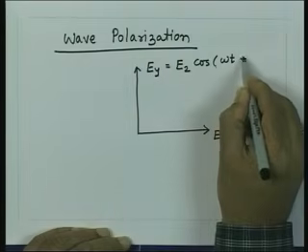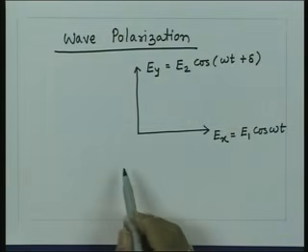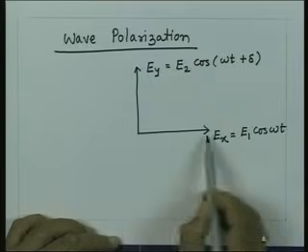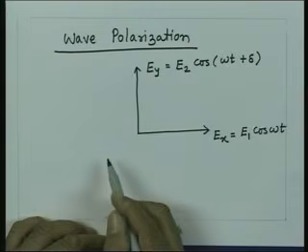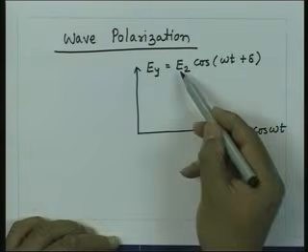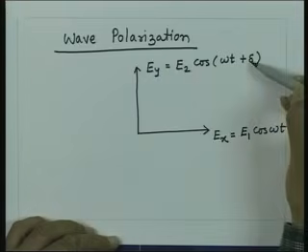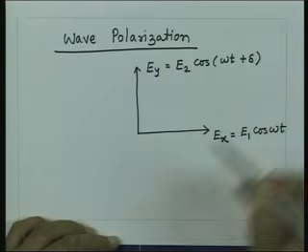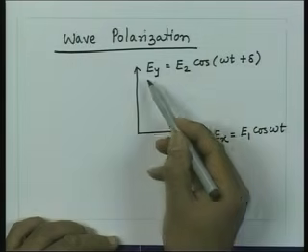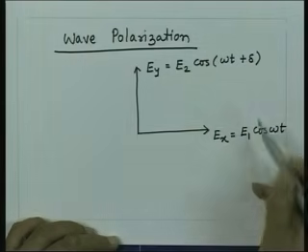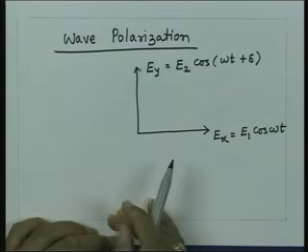So, you can have this as given by some quantity delta. Now we have two fields oriented in the x and y directions. They have different amplitudes E1 and E2, and they may have a time phase difference which is delta. If delta is positive, then this field is leading with respect to this, and if delta is negative, this field will be lagging with respect to this.